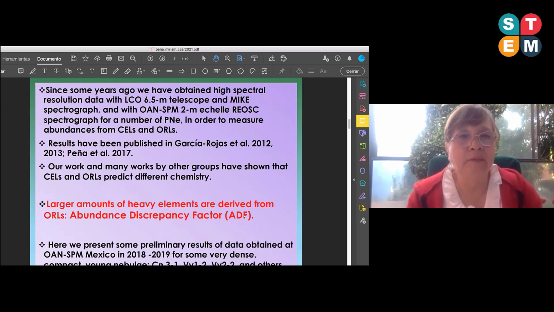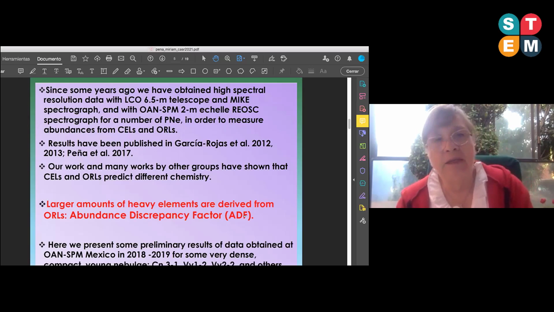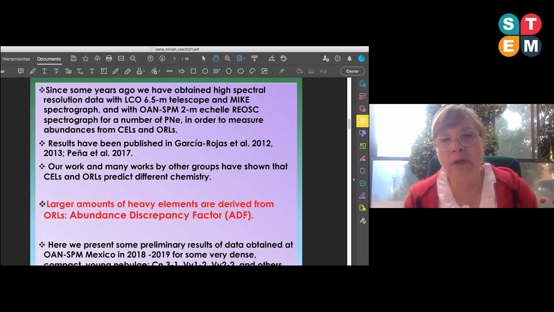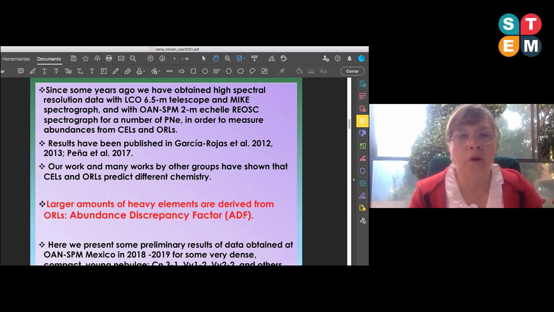And since some years ago, we have obtained high spectral resolution data with the 6.5 meter telescope and MIKE spectrograph at Las Campanas Observatory, and with the 2 meter telescope Sherry-Osk spectrograph at Observatorio Astronómico Nacional, Mexico, for a number of planetary nebulae in order to measure abundances from CELs and from ORLs.